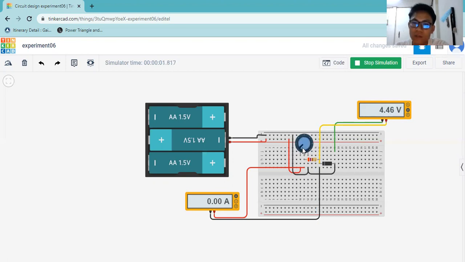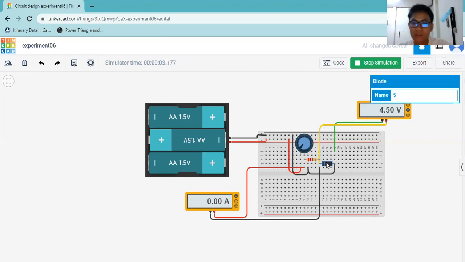This is because this diode is reversed. That means it blocks the current from flowing in the other direction, because the diode works in one direction. It lets the current flow in one direction.